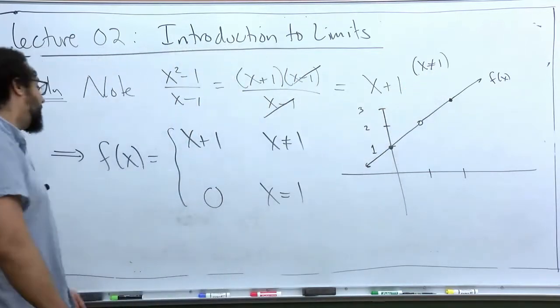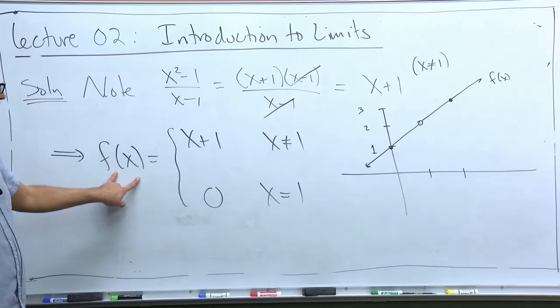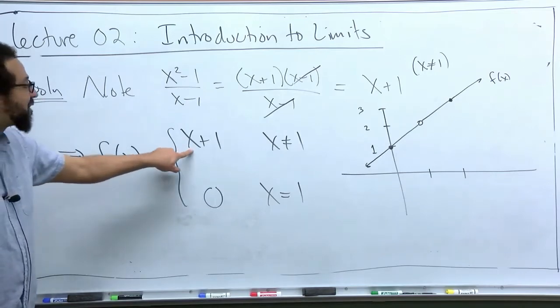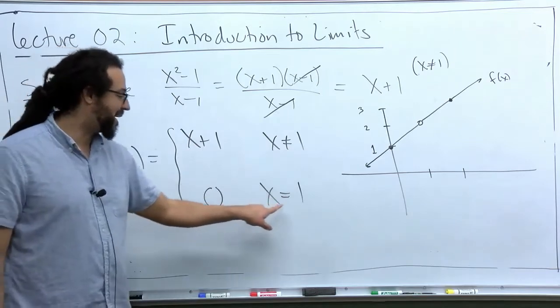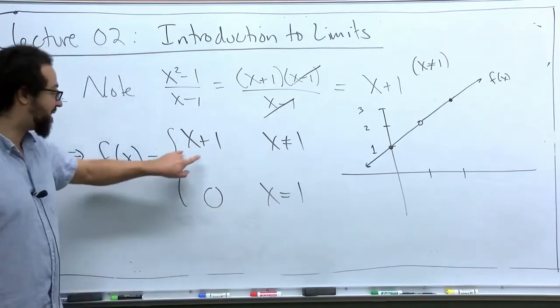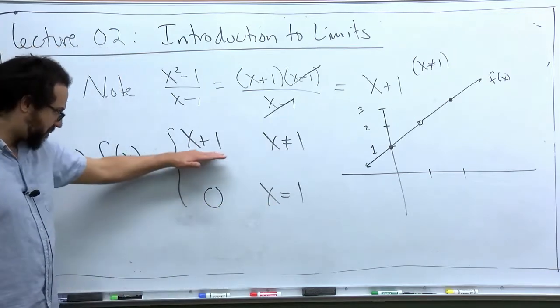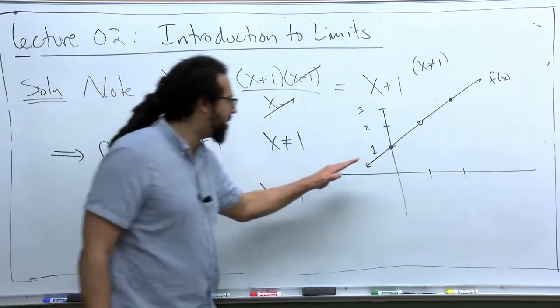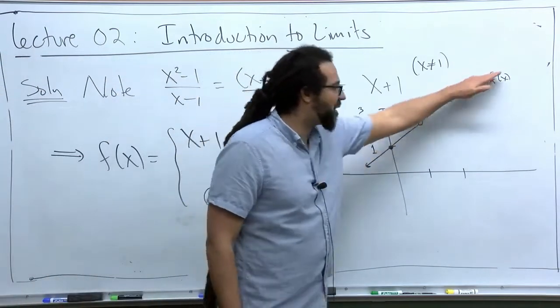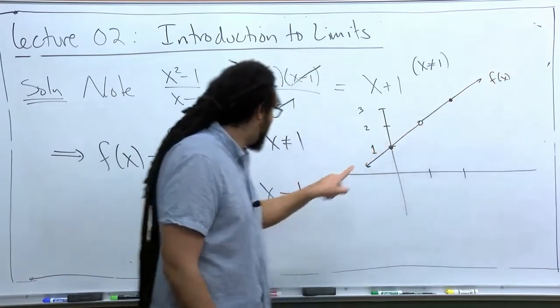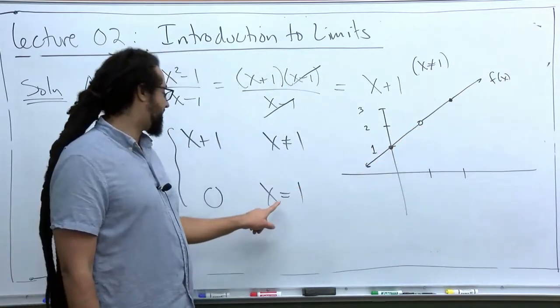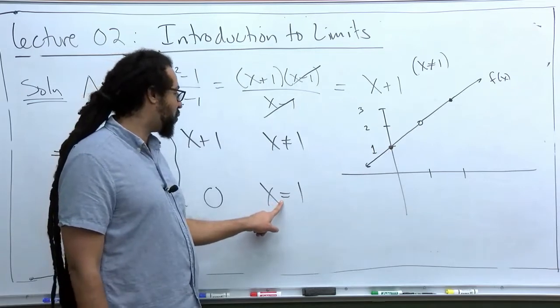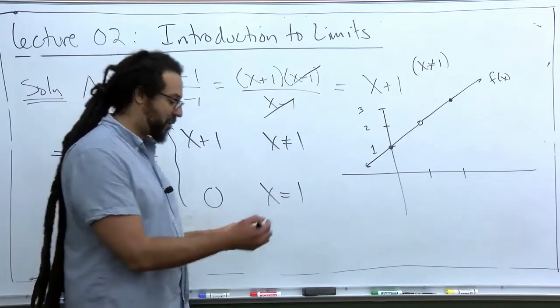Now, I can rewrite my piecewise defined function as x + 1 when x is not equal to 1 and 0 when x is equal to 1. So this thing is very easy to sketch. It's just the line y equals x + 1, except we need to remove the usual point from the line and say that when x is equal to 1, the function is equal to 0.